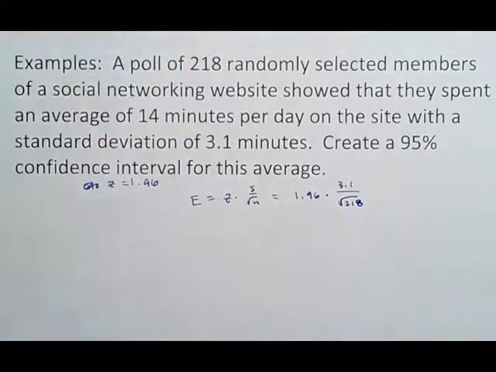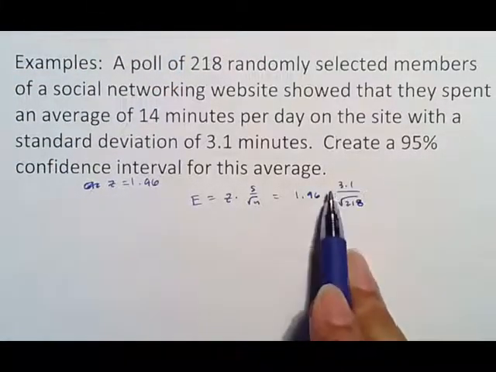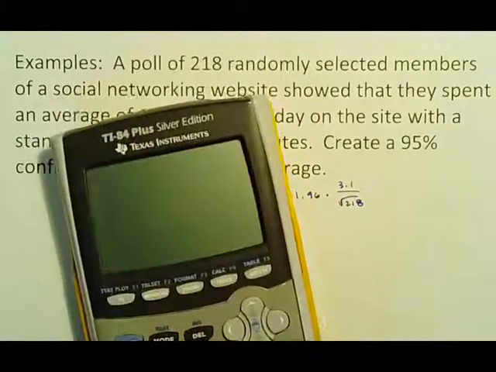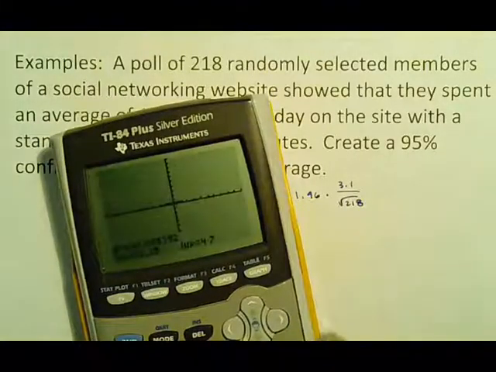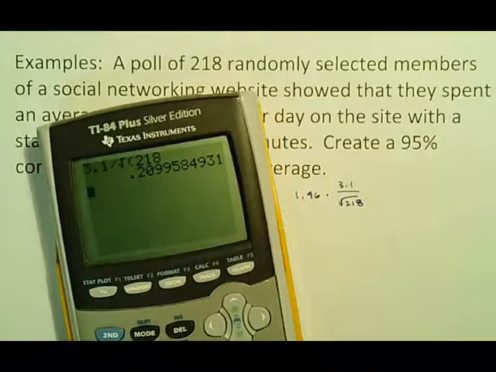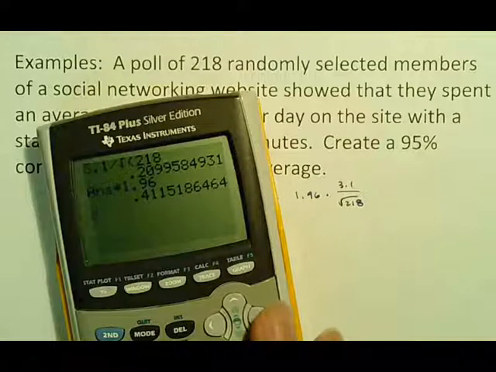I'll type this into my calculator and then multiply by 1.96, that way I won't make any stupid mistakes like I always do. So 3.1 divided by the square root of 218 equals, and then times 1.96. Rounding that to 2 digits is 0.41.